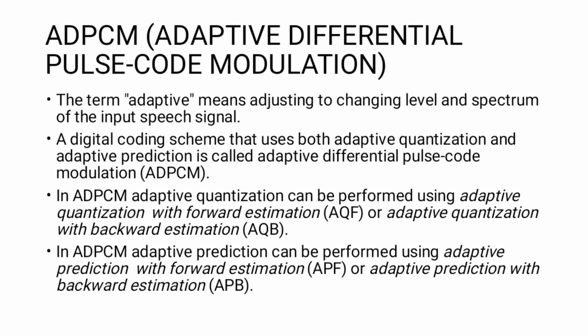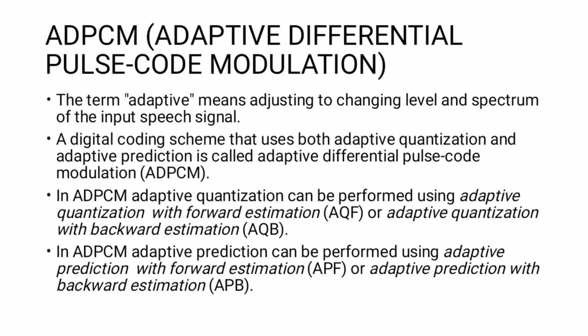So it is a digital coding scheme that uses both adaptive quantization and adaptive prediction. Here we use two techniques, adaptive quantization as well as adaptive prediction, in the ADPCM technique. In ADPCM, adaptive quantization can be performed with forward estimation and with backward estimation, and prediction in the same way, performed using adaptive prediction with forward estimation and prediction with backward estimation.